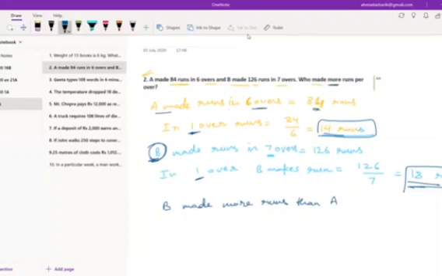So in 1 over, A will make how many runs? 84 upon 6 is equal to 14 runs. Now B made runs in 7 overs is equal to 126 runs. So in 1 over, B will make 126 upon 7, which is 18 runs. So in 1 over, A is making 14 runs, and in 1 over B is making 18 runs. That is why we can say that B is making more runs than A.